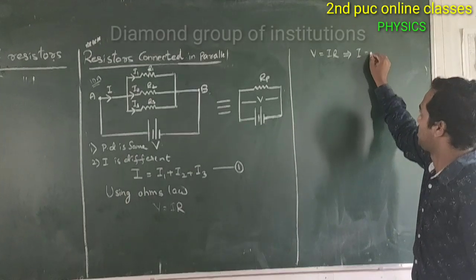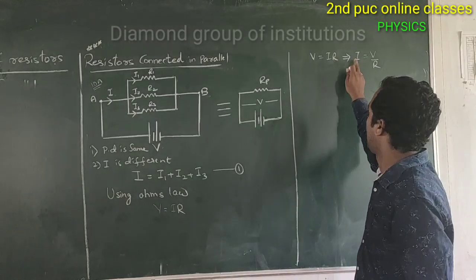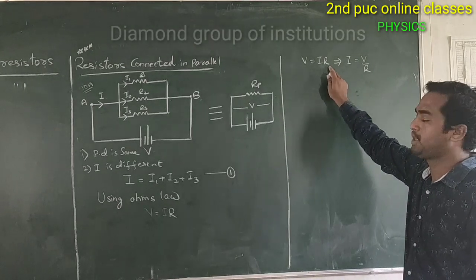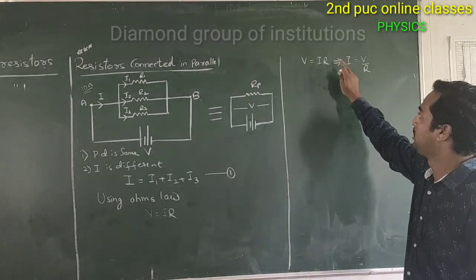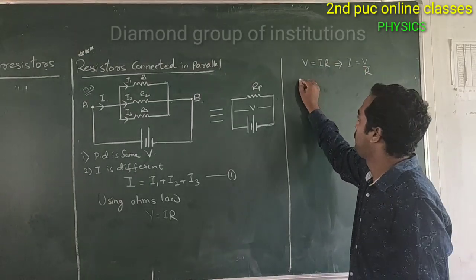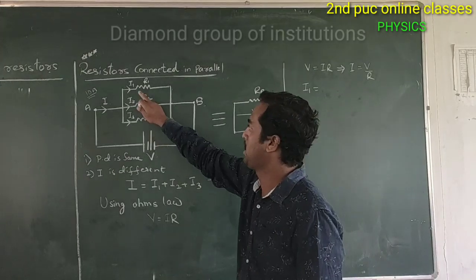So I equal to V divided by R. Because V equal to I into R from Ohm's law, I becomes V divided by R. But we want here I1. I1 means first branch current.